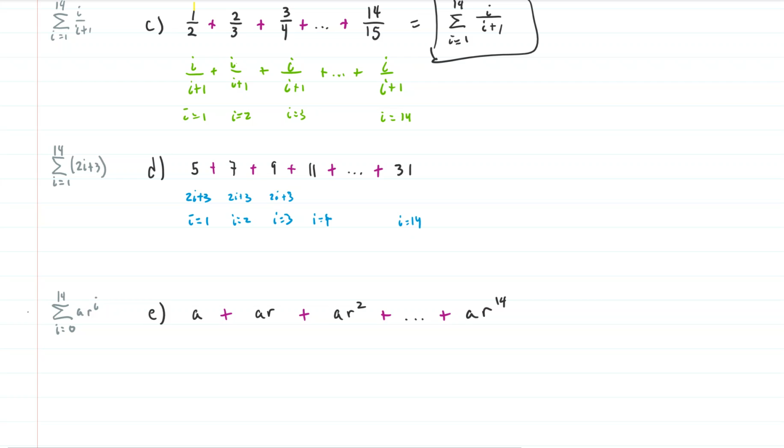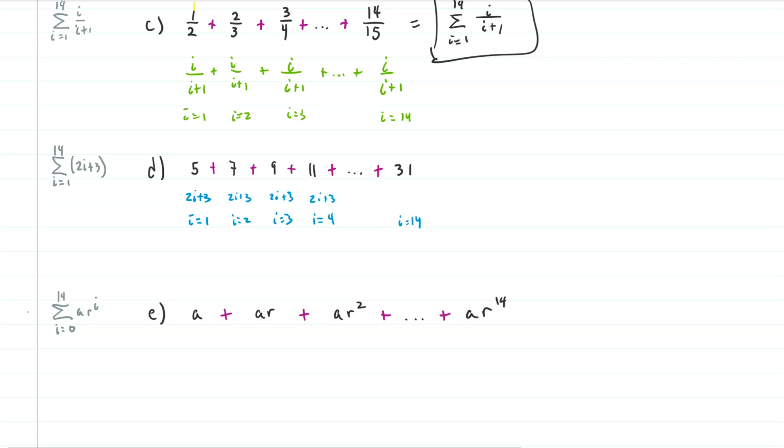And again, this is not the only way you can do this. You could do this other ways. 2i plus 3, if I is 4, 4 times 2 is 8, plus 3 is 11.